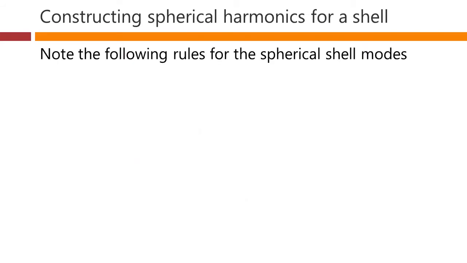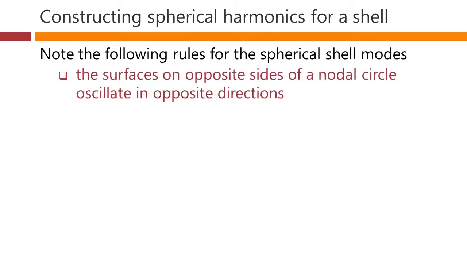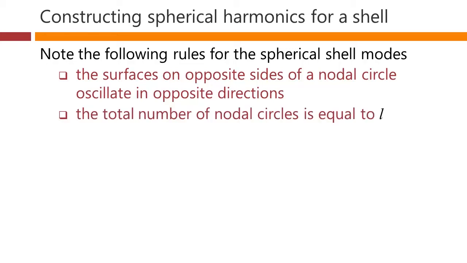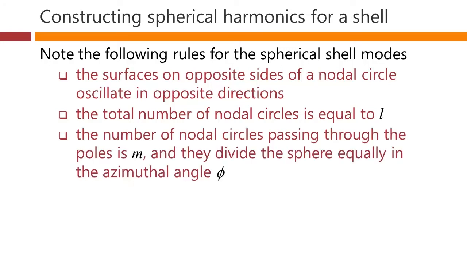Note the following rules for spherical shell modes. The surfaces on opposite sides of a nodal circle oscillate in opposite directions. The total number of nodal circles is equal to L. The number of nodal circles passing through the poles is M, and they divide the sphere equally in azimuthal angle phi.